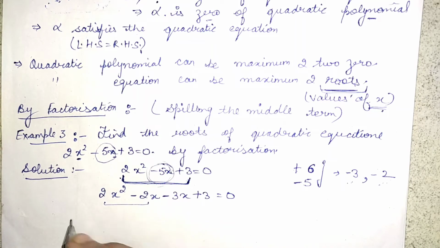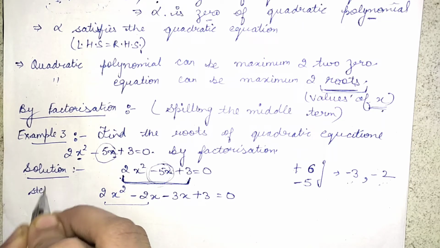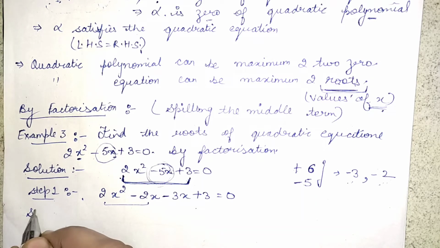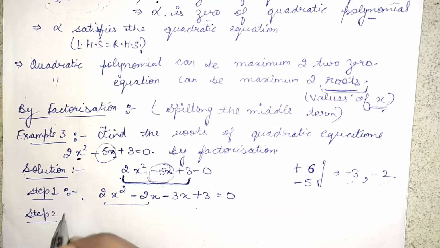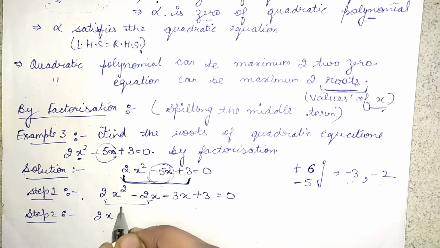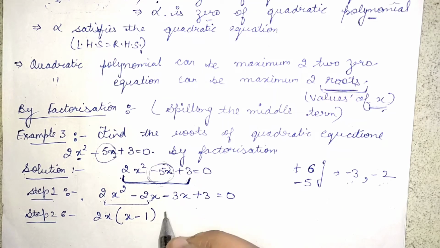Step 1 is this one: splitting of the middle term. Step 2 is to take out the common. 2x will become common in these two terms, and inside the bracket it will be x minus 1.